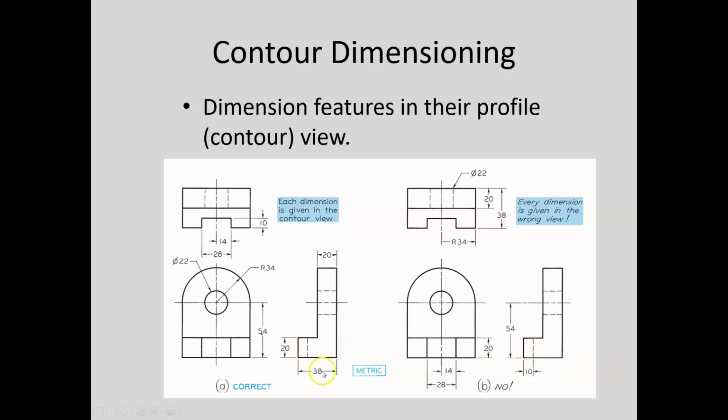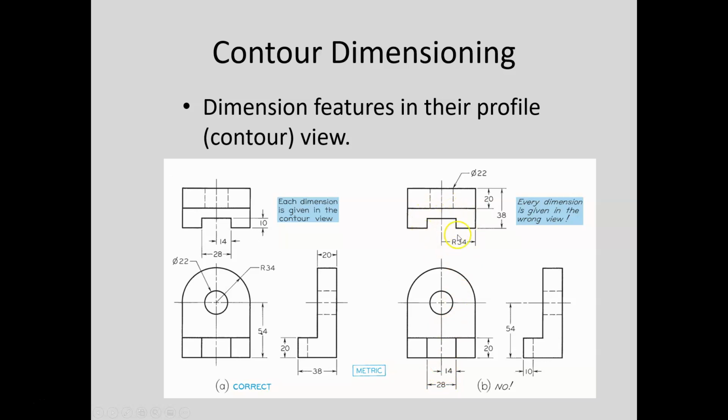Okay? Again, this 28 for this slot. Well, we don't even know whether it's a slot. It could be a lot of different things. This is a very poor view because we don't see the contour of this shape, the profile of this shape for the 28. Where do we see the profile of this? Right here, right?